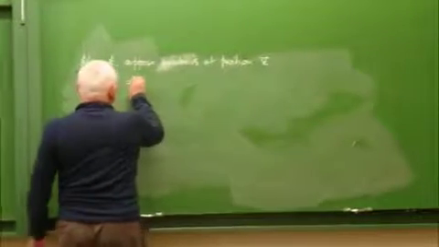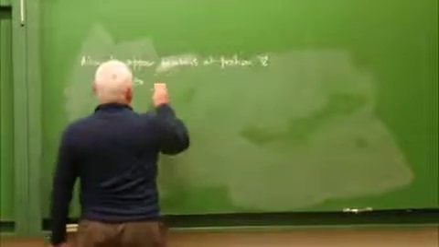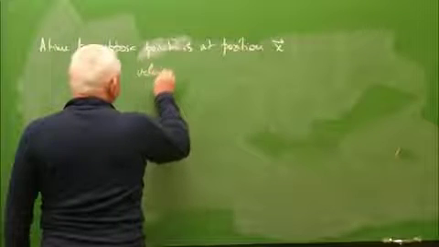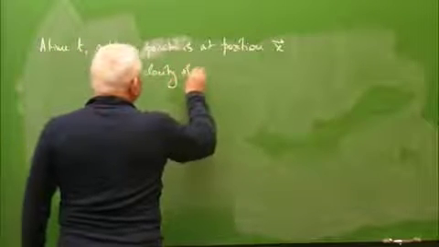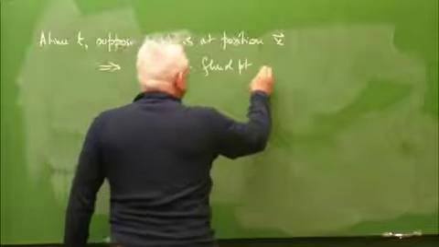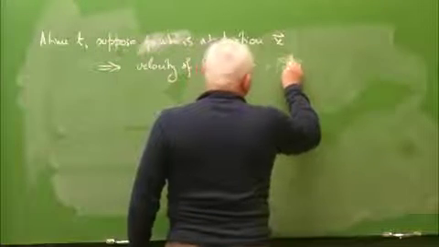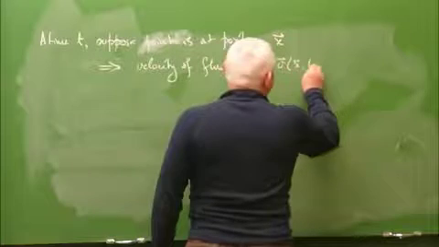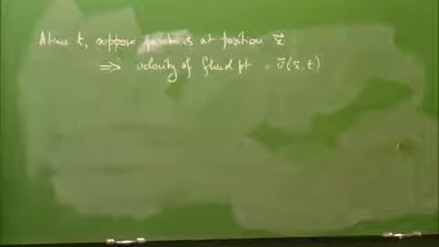What this means, it is at position x at time t. What it means is that the velocity of the point is equal to v, the velocity field, evaluated at position x and t.